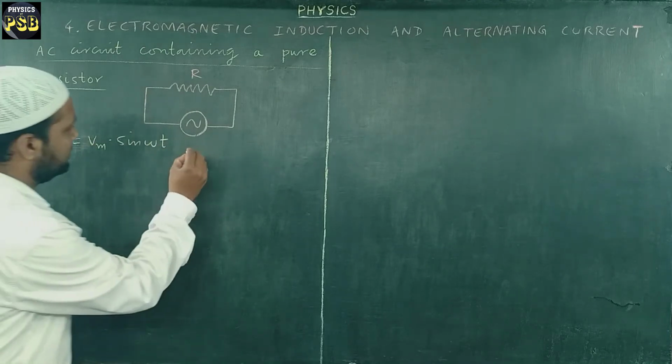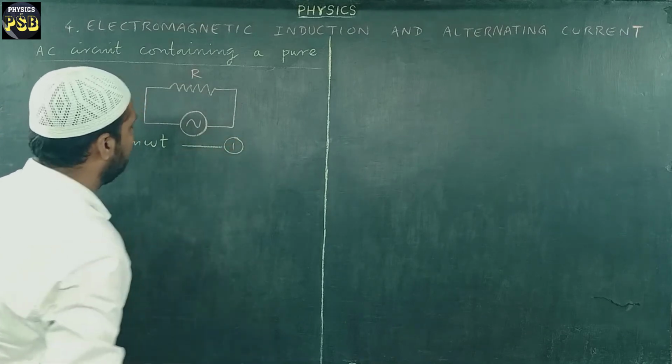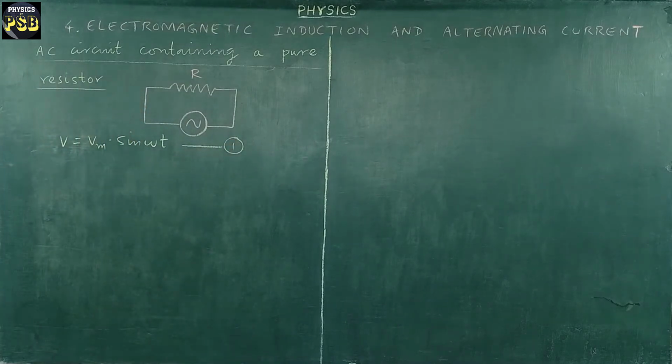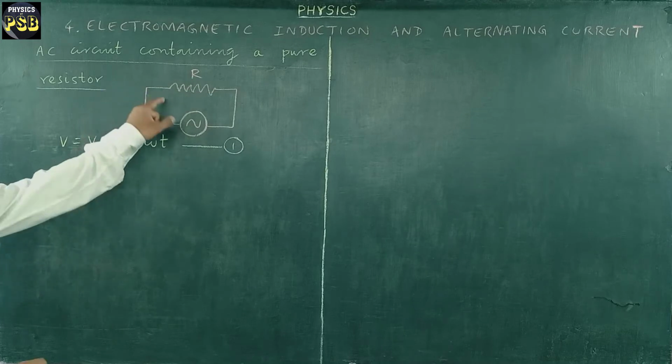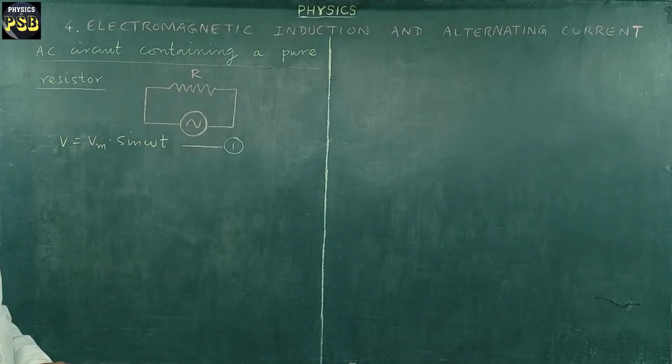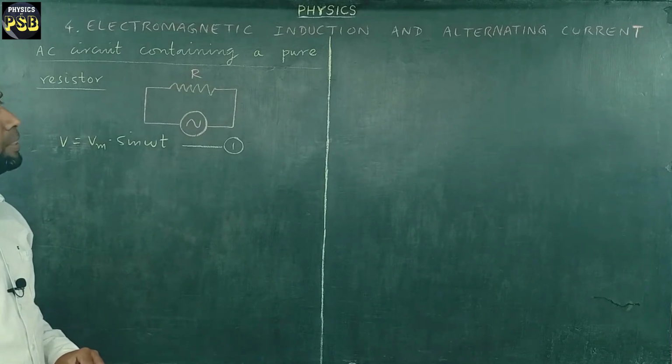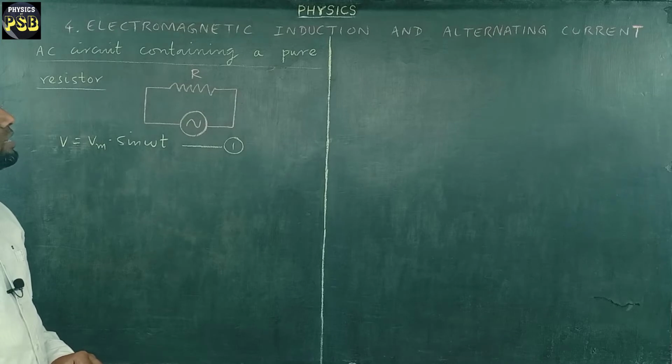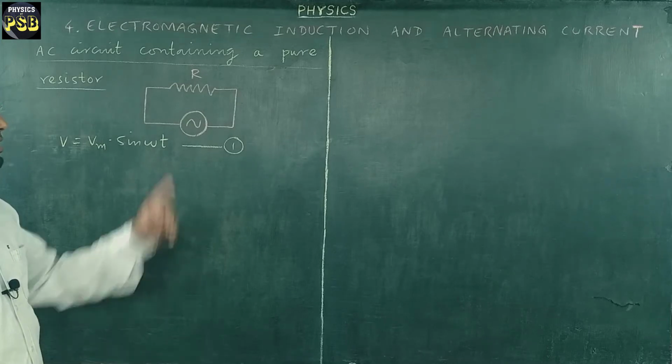So I take this as equation number 1. Due to this voltage, an alternating current flows through this resistor. I'm going to get the expression for that instantaneous alternating current.